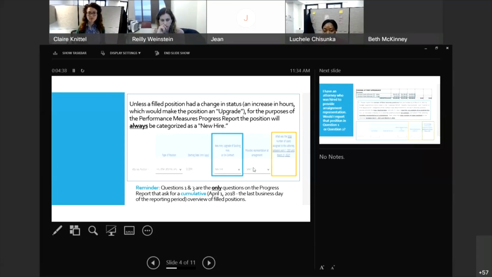The reporting period for question number 5 is between April 1st, 2021 and March 31st, 2022. So for the first 4 columns in question number 1, you're going back to the beginning of statewide implementation in 2018. And for that last column, you're just focusing on the last year.